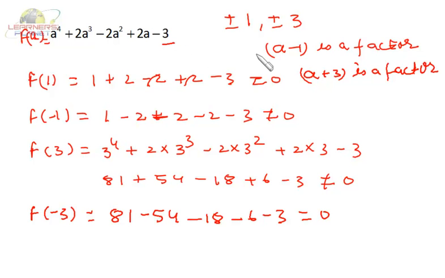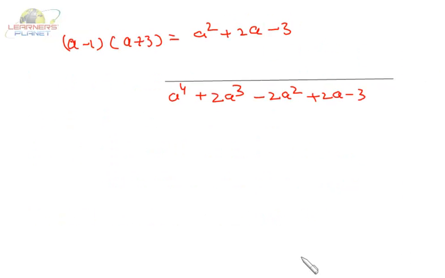So what we do is we divide this biquadratic polynomial by the product of these 2 factors. We multiplied a minus 1 and a plus 3, and we are getting a square plus 2a minus 3. Now we just divide this biquadratic polynomial by this quadratic polynomial, a square plus 2a minus 3.